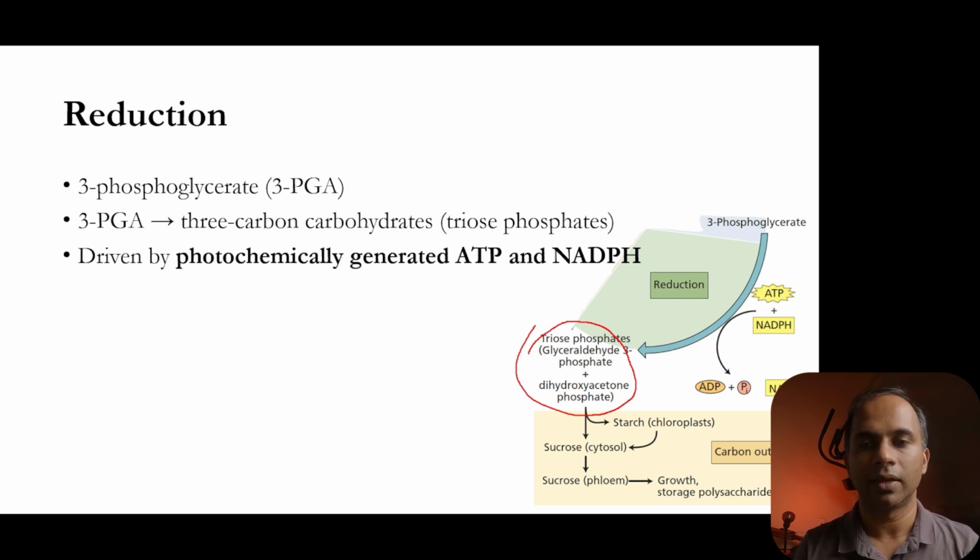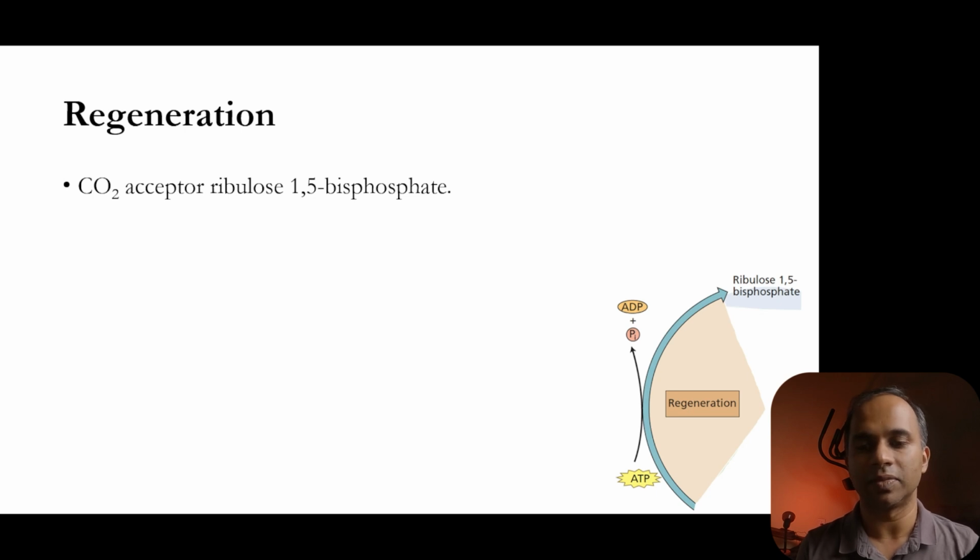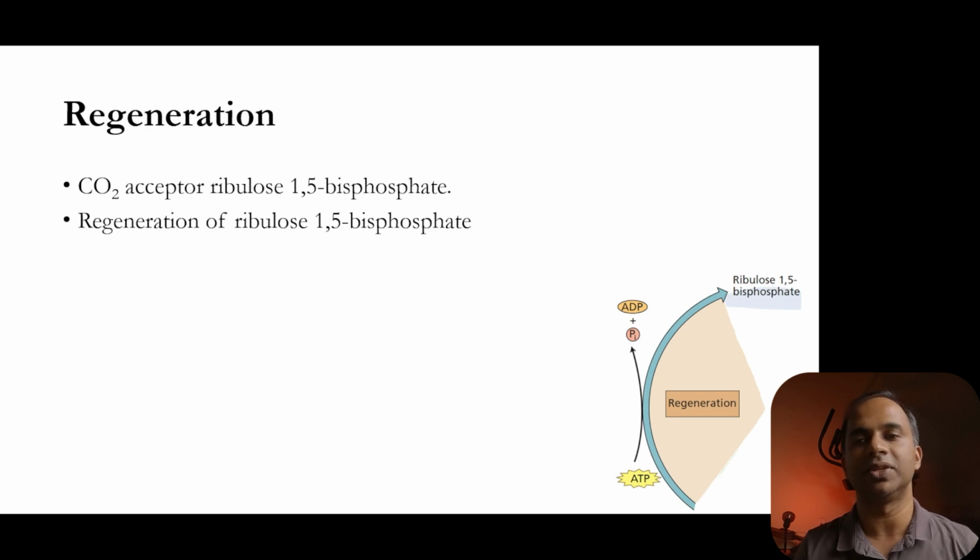And then one of the crucial steps is what we call regeneration, and there we are going to produce our CO2 acceptor molecule, ribulose 1,5-bisphosphate. In simple terms, this is the regeneration of ribulose 1,5-bisphosphate in order to drive this reaction continuously.